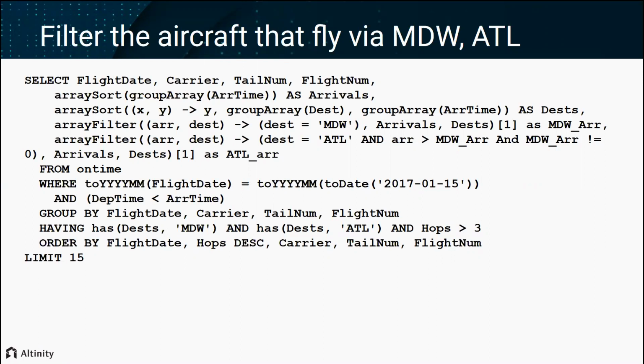The second thing we want to know is, if they flew to Midway, so if this MDW array actually had a value, MDW, then do we see something after it, with a later arrival, where they went to Atlanta? So this is saying, hey, they went to Midway, and then we're looking for a later arrival that was for the same plane, same tail number, that arrived in Atlanta. That allows us to basically compute. We're now able to analyze this, and our results will show us whether the plane went to one or both of these locations.